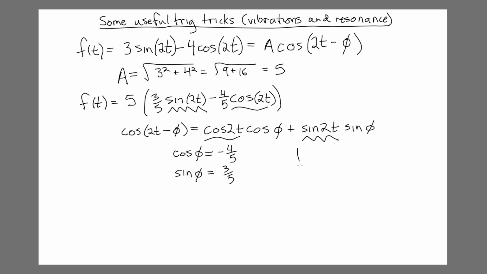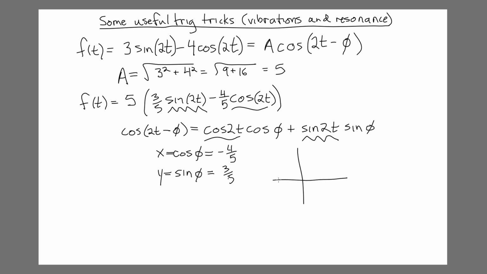Now, on the unit circle, and we know that this cosine and sine are going to be on the unit circle because we divided by the right amplitude to ensure that the sum of the squares of these two is 1. So now we have to go in the negative direction in the x-coordinate because cosine of phi is the x-coordinate and sine of phi is the y-coordinate.